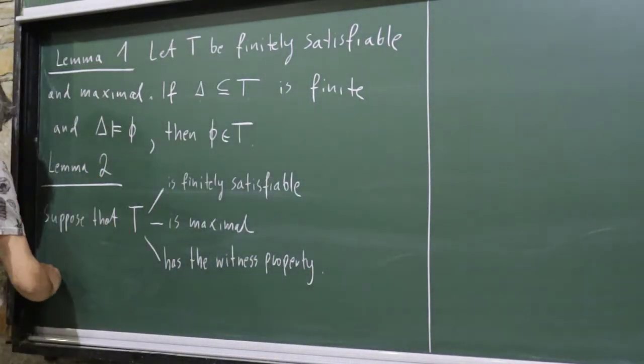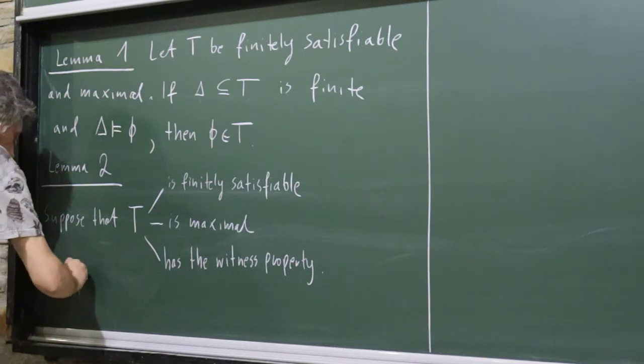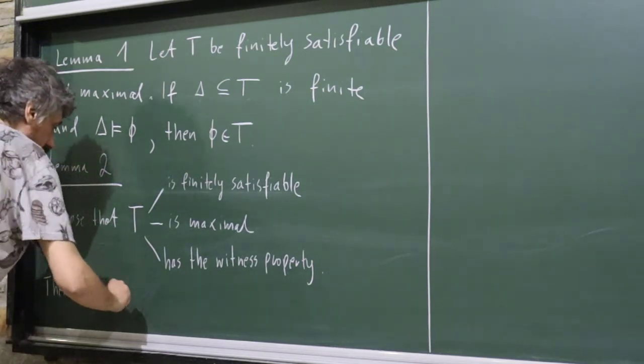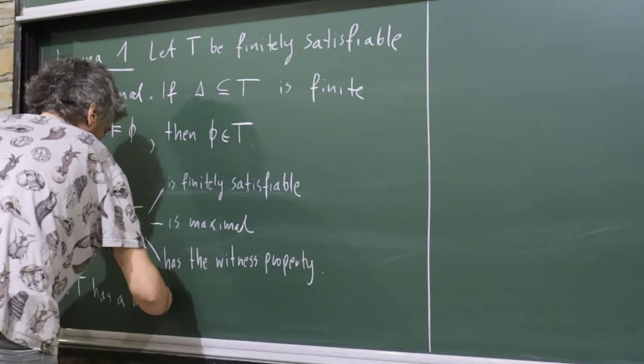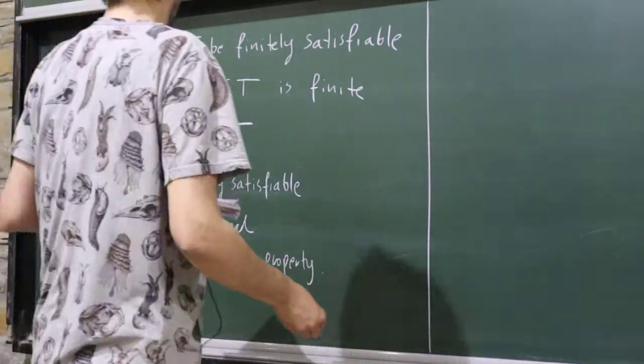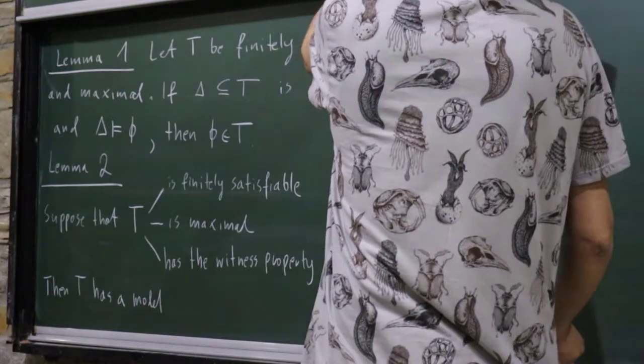Then T has a model, actually of cardinality even bounded by the cardinality of constants.